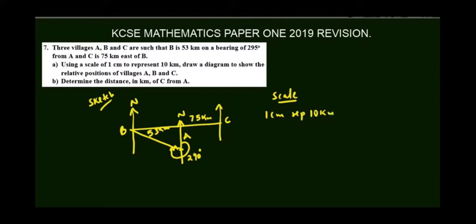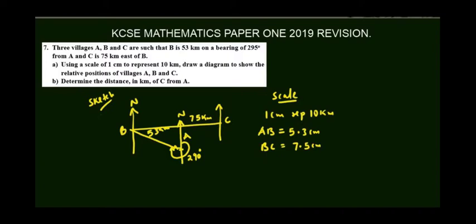So that means for the distances, AB will be 5.3 centimeters, then BC will be 7.5 centimeters.